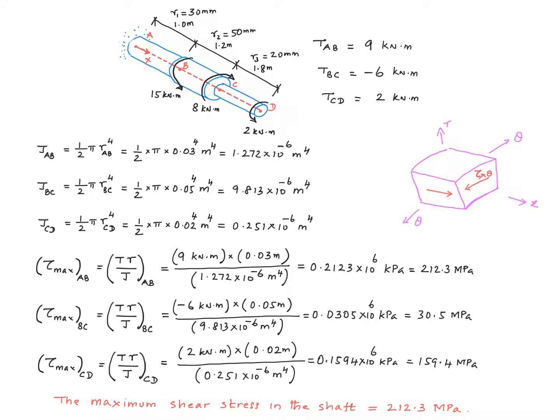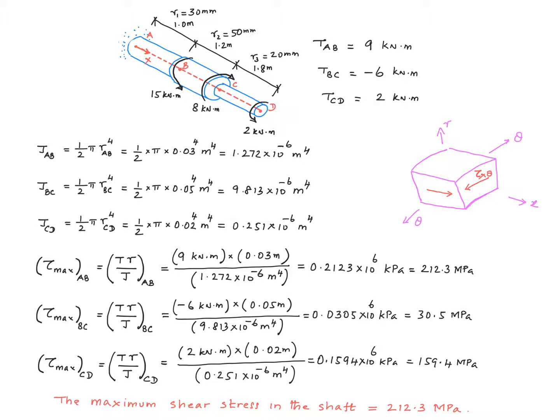You substitute these numbers in a unit-wise consistent manner in order to calculate the maximum shear stress. For example, the shear stress in segment AB is calculated to be 0.2123 times 10 to the 6 kilopascal. Since this is a big number, I'm representing this in megapascal. So that will be 212.3 megapascal.